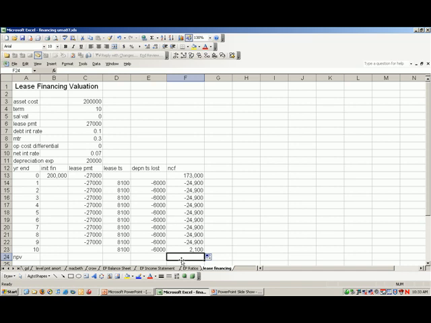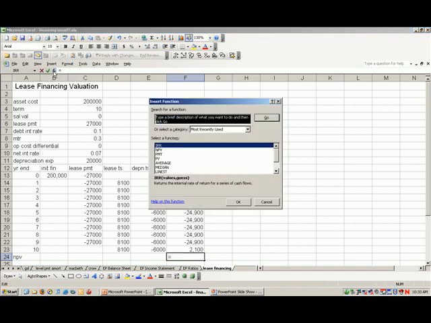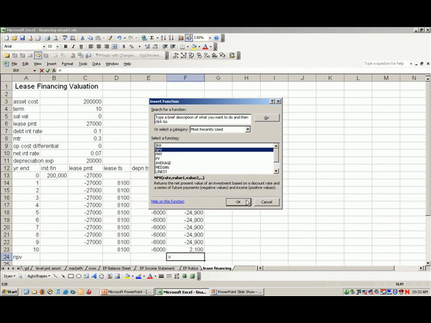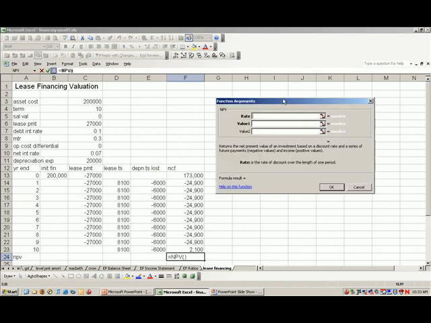The final step is to calculate the NPV of this stream of cash flows. So once again, let's go up and invoke the NPV function. And for our interest rate, we want to use the 7%, which is the net interest rate on debt.